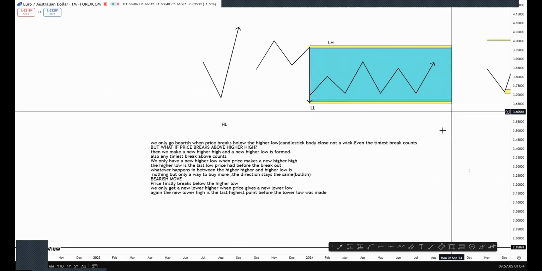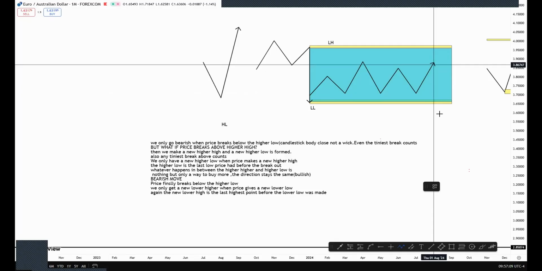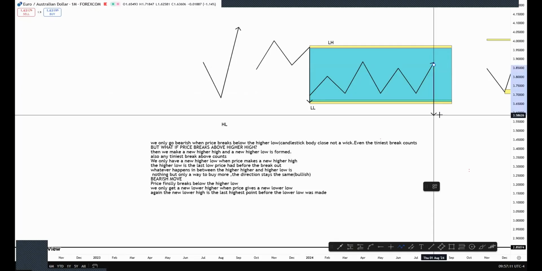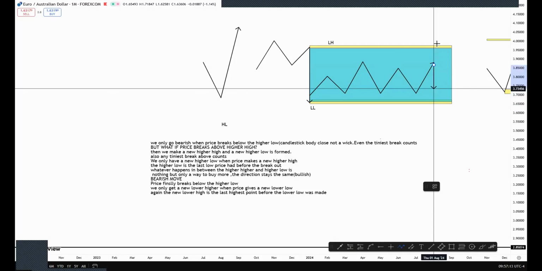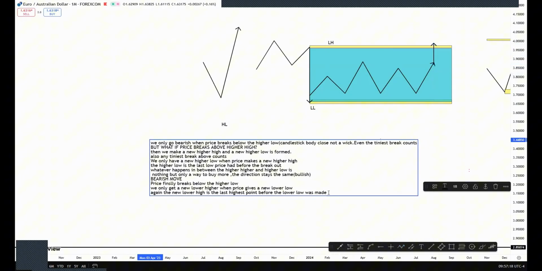So it will only matter to me if we break below. That's when I'll know we've made the new lower low. Or if we break above the lower high, then price becomes bullish instantly.